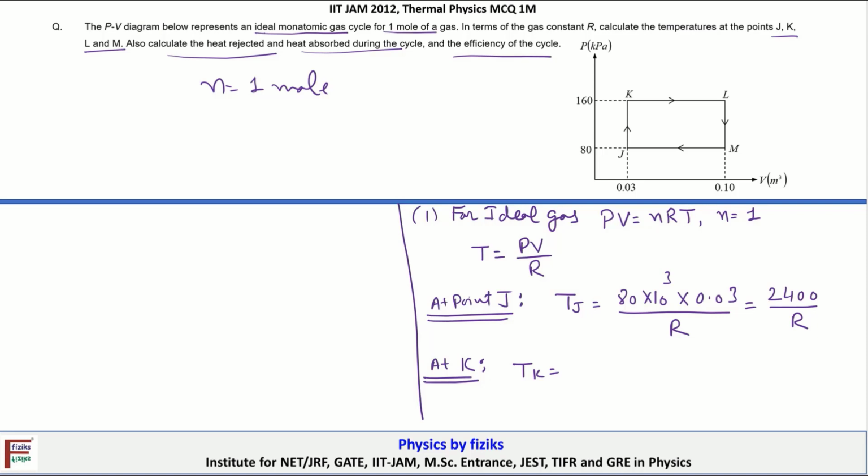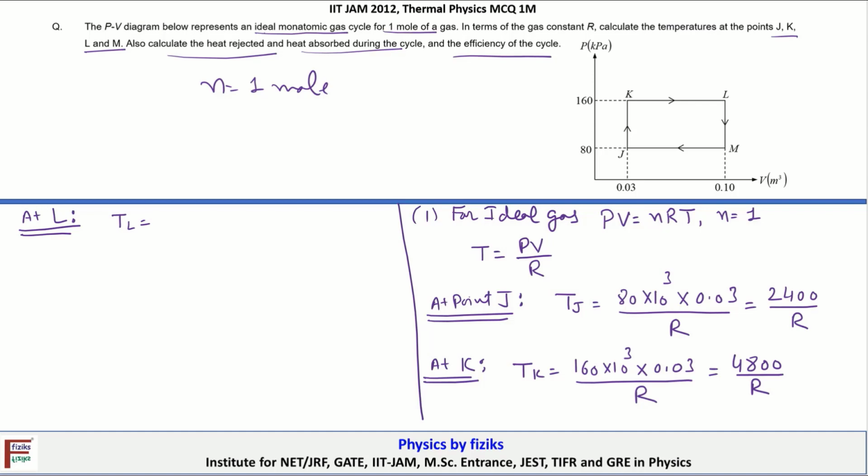So Tk is equal to, at this point the pressure is 160 kilopascal, so 160 into 10 power 3 multiplied by the corresponding volume, which is 0.03, divided by R. After doing the multiplication, it turns out to be equal to 4800 divided by R. Similarly, at point L, the corresponding temperature is TL, which is PV.